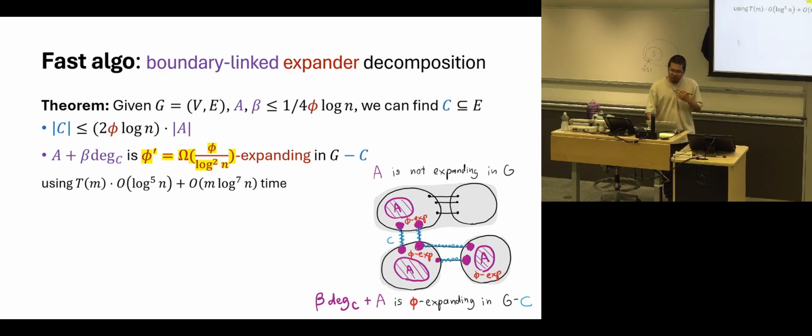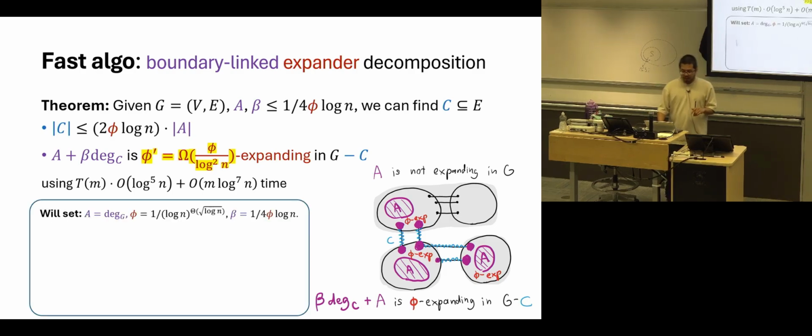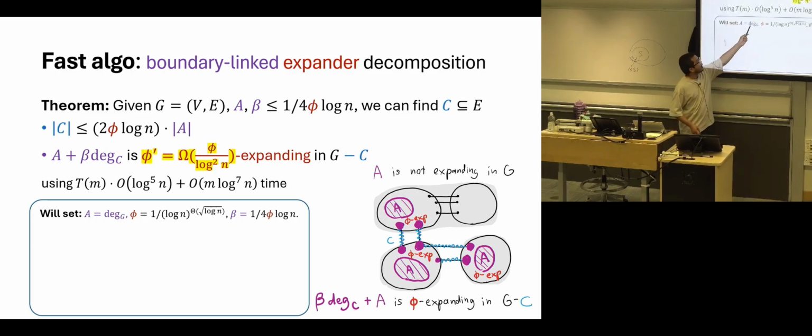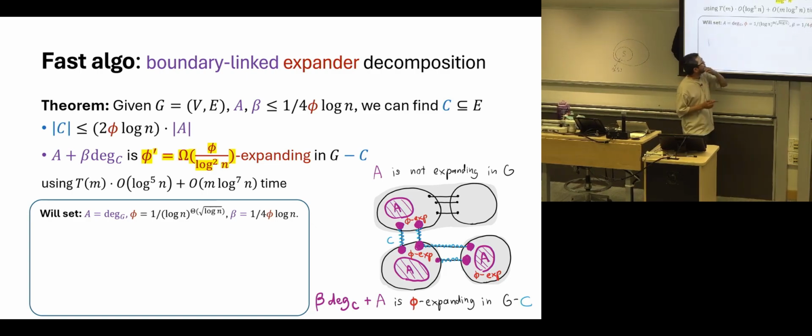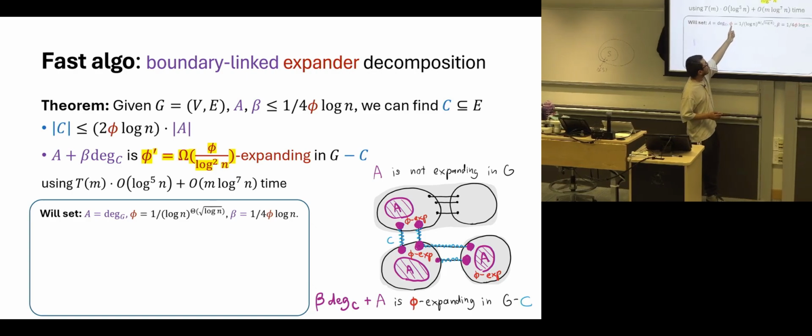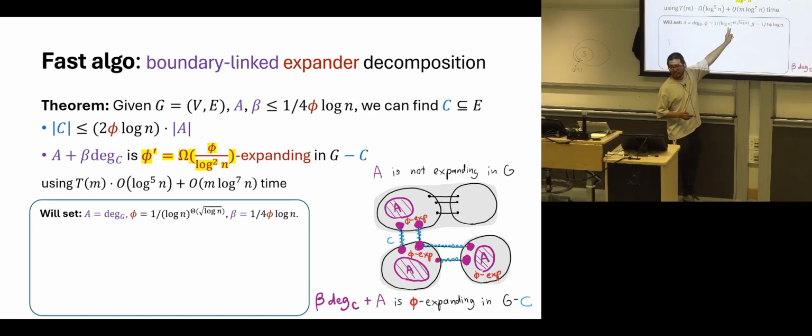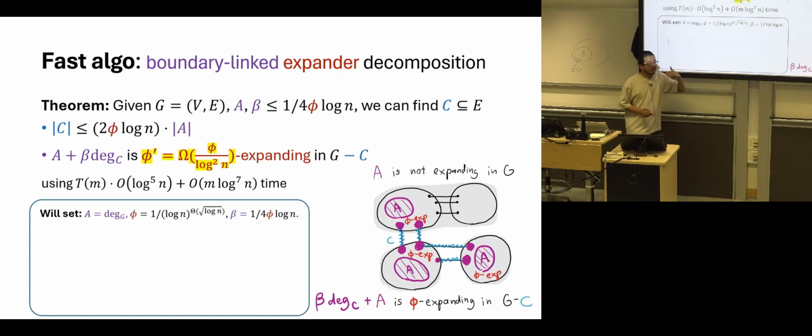And the way that you should think for this lecture, we will set A here to be just the node weighting of the whole graph, the degree of G. And you should think of phi here as something weird like 1 over log to the power of root log n.